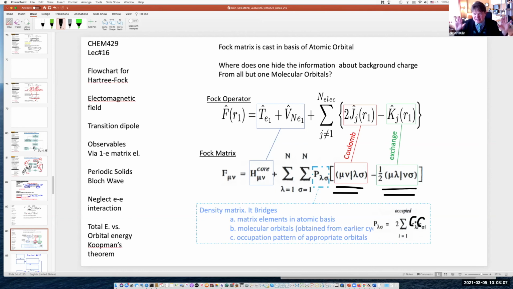So for understanding of theory, it is not important, but for notation of Gaussian software, it is how they program. After they know molecular orbitals, they construct their product, they call it the density matrix, and they multiply this product of molecular orbitals with Coulomb and exchange matrix elements and put it into the Fock matrix. Just a little technical detail if you are super curious.